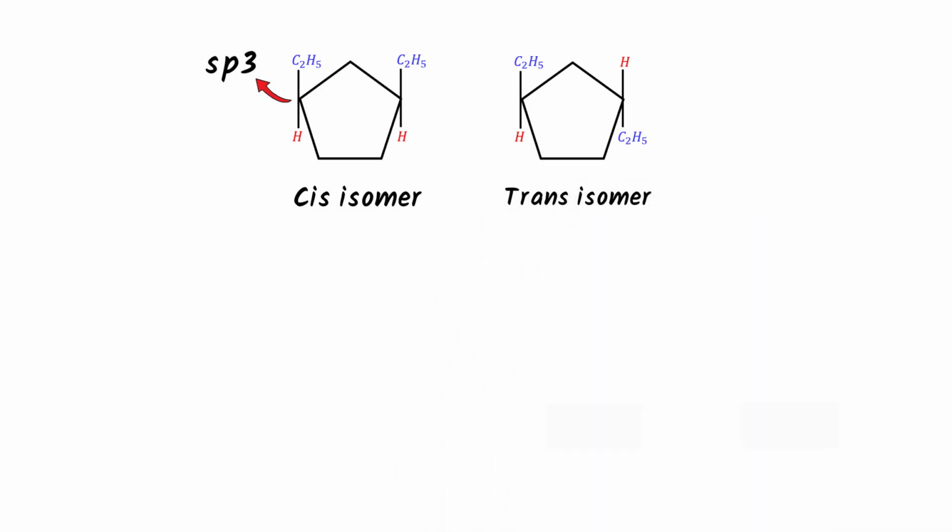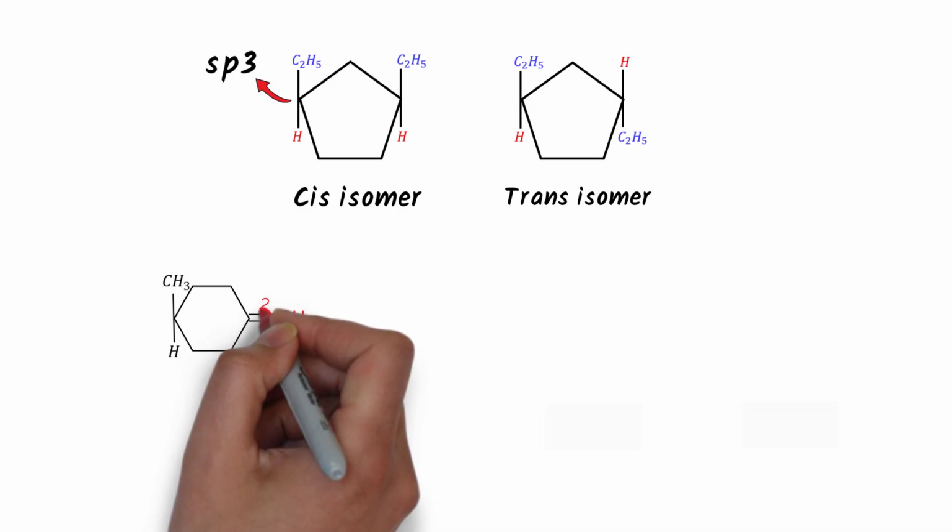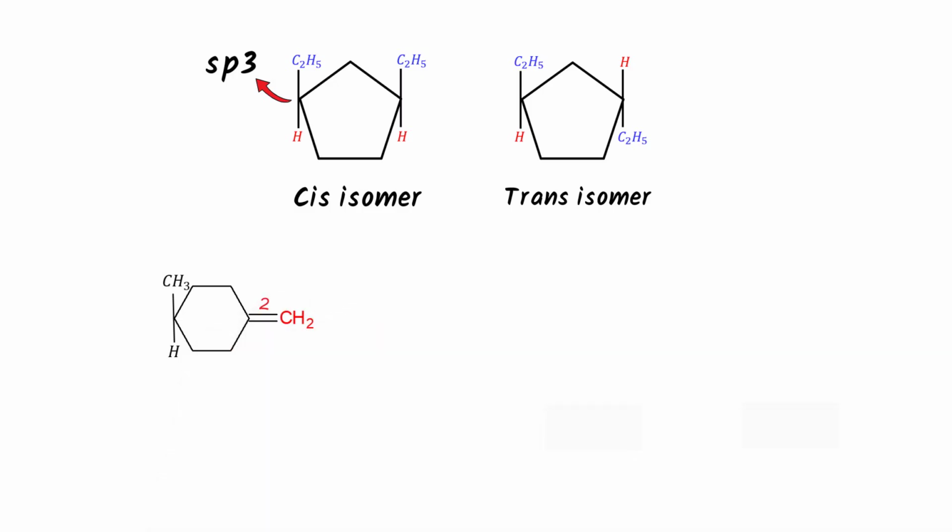In the next case, as you see, there is a ring and the double bond. Clearly, there will be a restricted rotation about the carbon-carbon double bond and that of the ring. So, the double bond designated as 2 will not be a stereocenter because there are 2 similar groups attached to the restricted carbon.